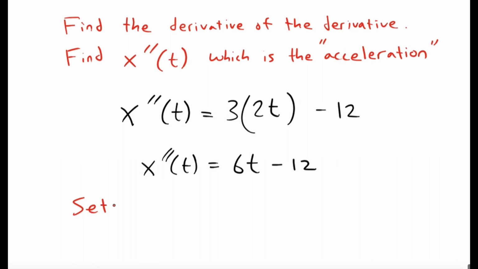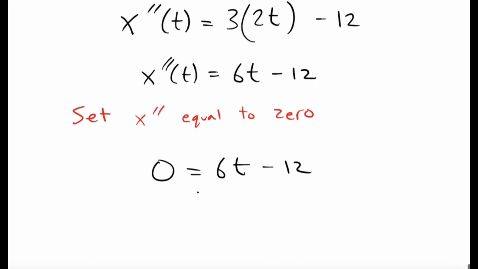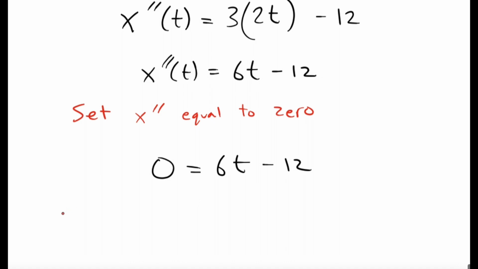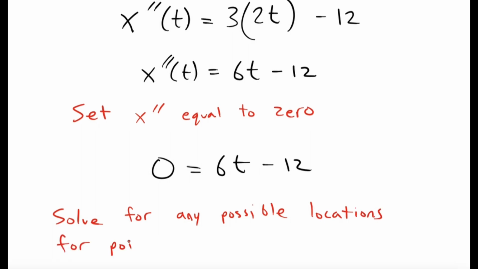You want to now set your second derivative equal to 0 for the second derivative test. And we'll solve once again for any points that might be important. We're going to solve for any possible locations for points of inflection.